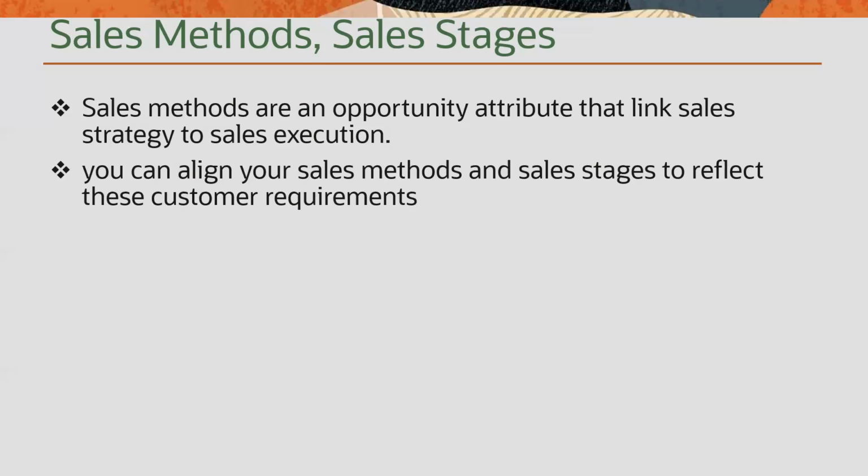So we will define, for example, if this is the sales method for product selling, there will be one methodology with some stages, like product quality, then product packaging, then product shipping, then product dispatching, then in transit, and then delivered.